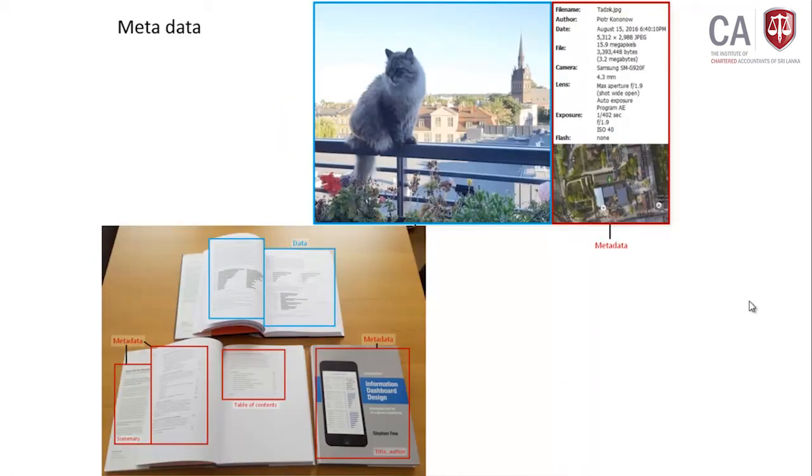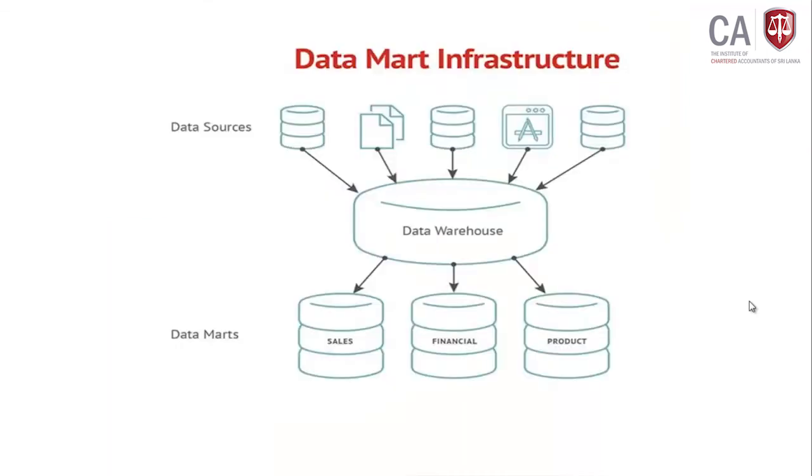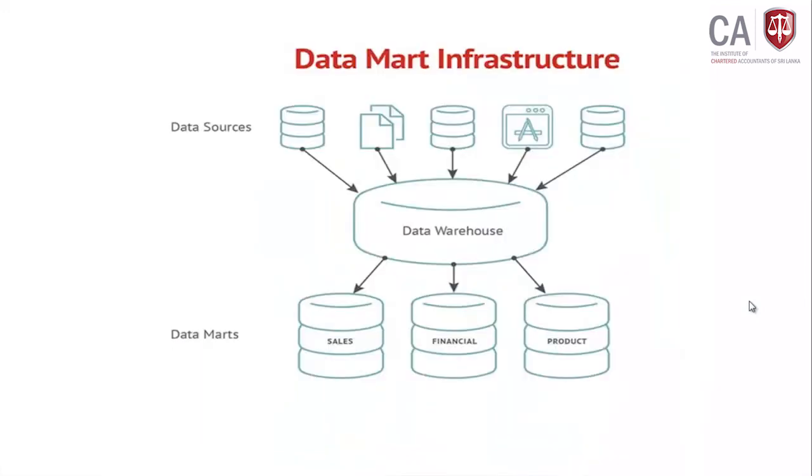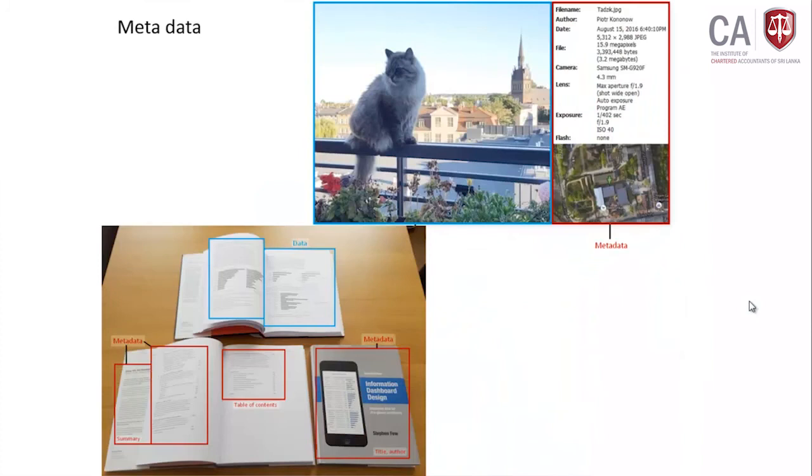Metadata. What is this metadata? See the data warehouse architecture picture, the metadata is there. If you look at this cat picture, there is some information. If you go into the properties of the picture in the computer, you will see it.